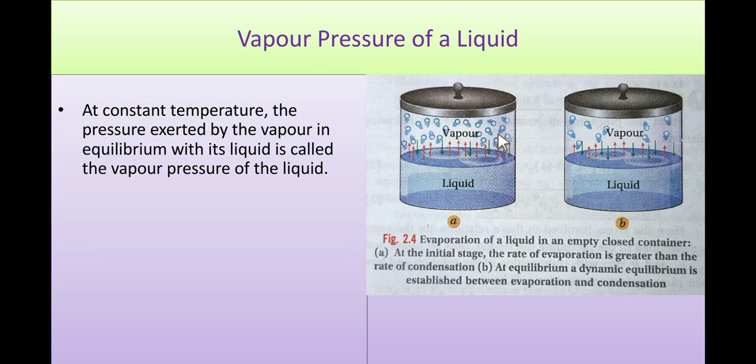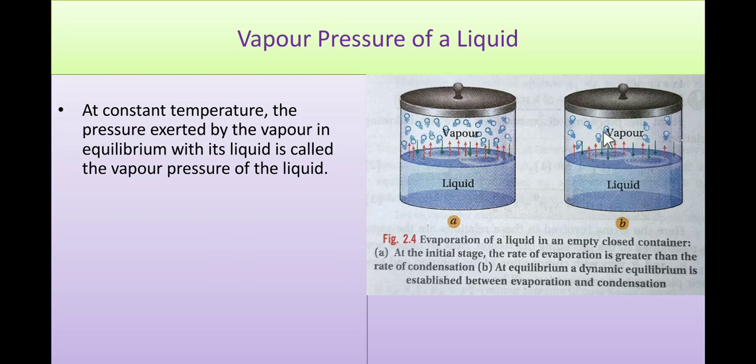Therefore, a state is reached when the rate of evaporation becomes exactly equal to the rate of condensation, and a dynamic equilibrium is established between the liquid and its vapor. That is, at this state, the amount of liquid and the vapor remains constant with time. The vapor in equilibrium with the liquid is called saturated vapor.